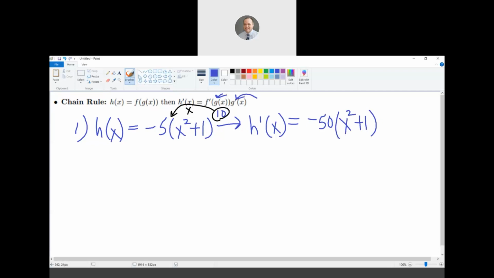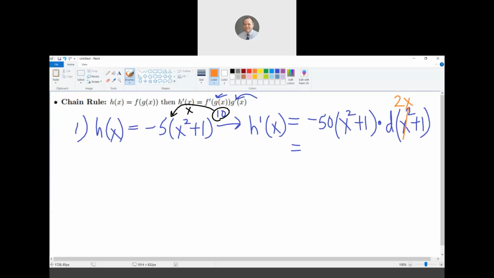Now, this part of the chain rule says now take the derivative of g. All right, so we'll take the derivative of x squared plus 1. Derivative of x squared, when you use the power rule, that's just 2x.